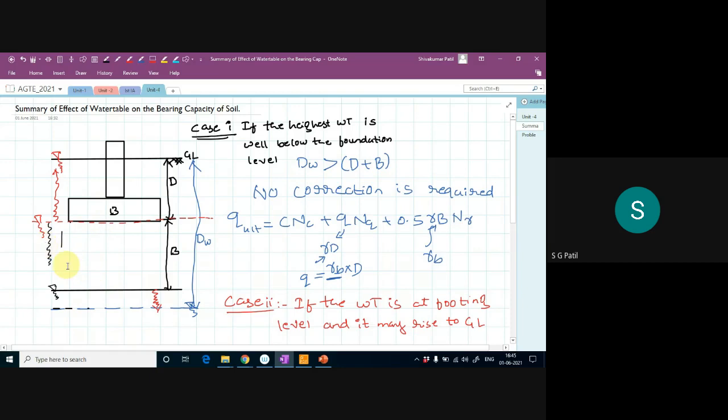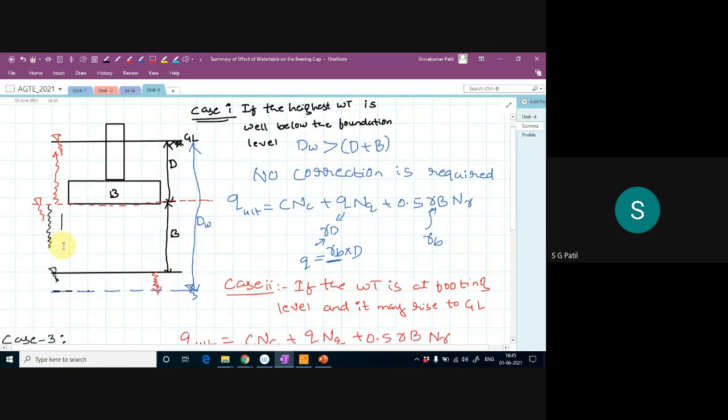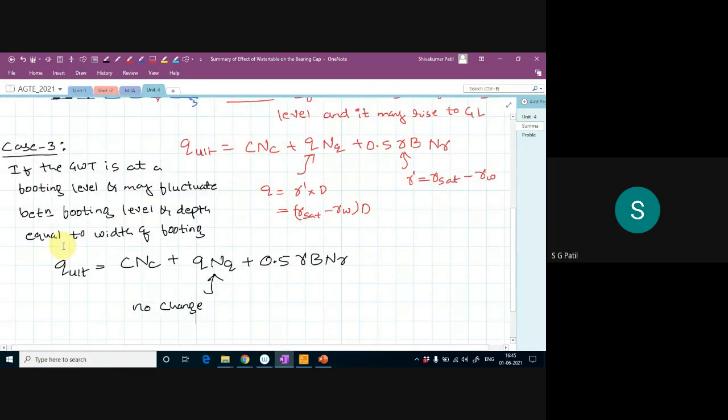But the third term is affected, since the water will affect my unit weight. So this gamma now will become gamma dash, that is gamma sat minus gamma w into 1 minus (dw minus D) divided by B.